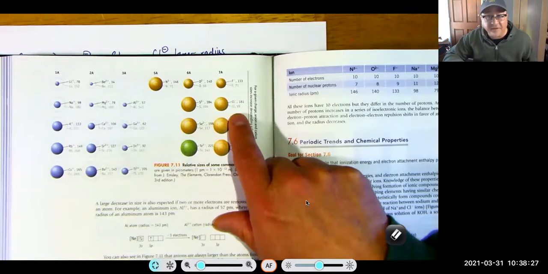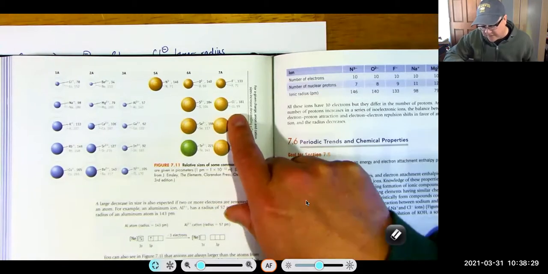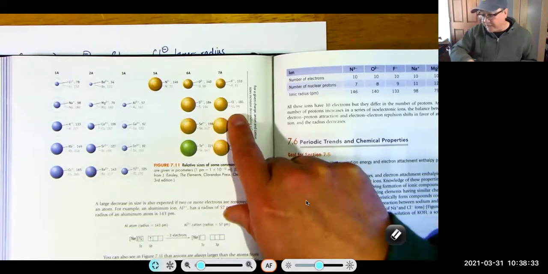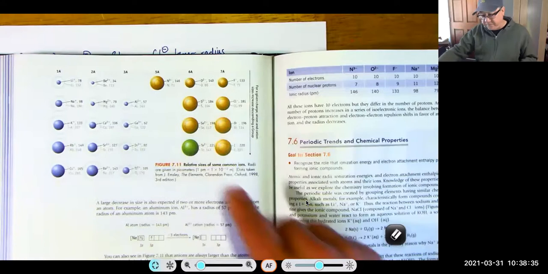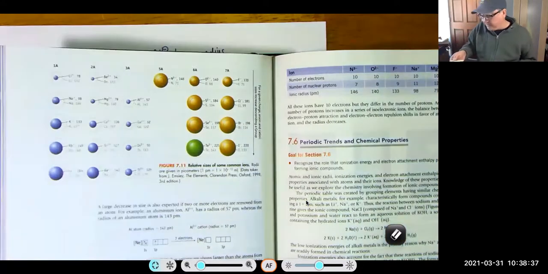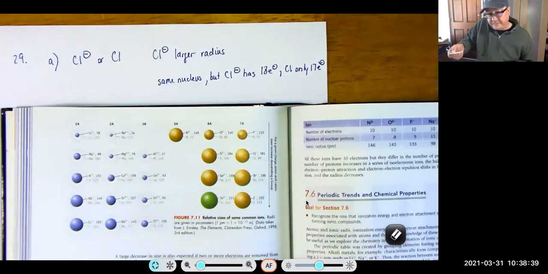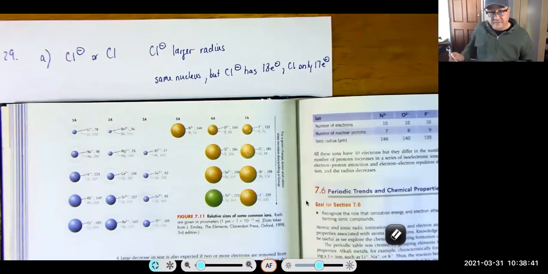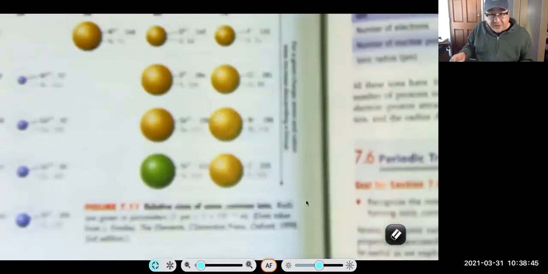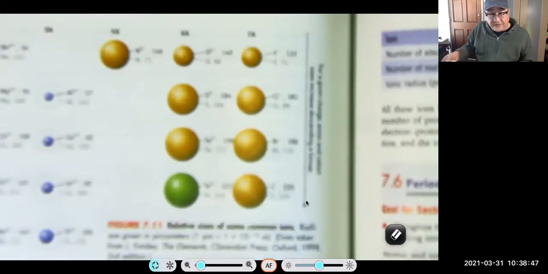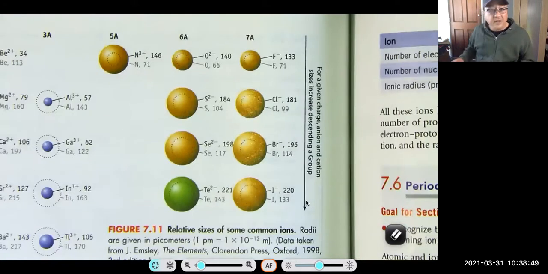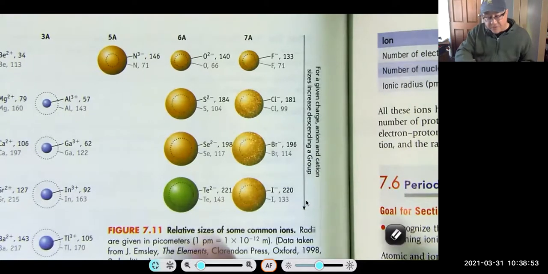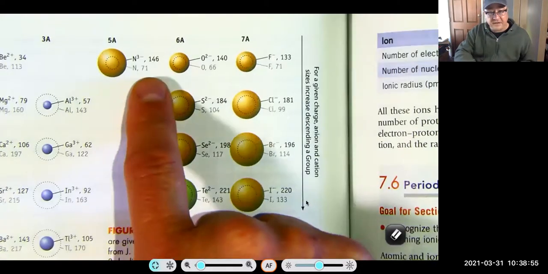They even have the size of the chlorine atom here in light type where it says 99. I'm going to zoom in on this so we can see it a little bit better. Let me focus here because when I zoom, it doesn't automatically refocus. You can see that, in some cases, the radius is more than double for the ion, right?